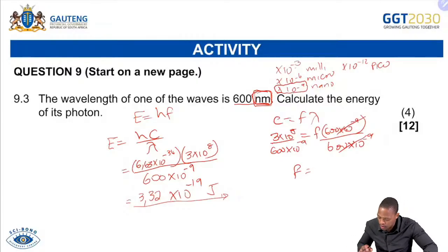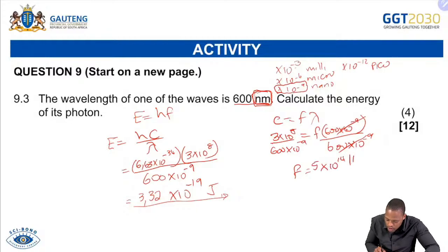Okay, so if we do 3 times 10 to the power of 8 all over 600 times 10 to the power of negative 9, we should get the frequency of 5 times 10 to the power 14 hertz.